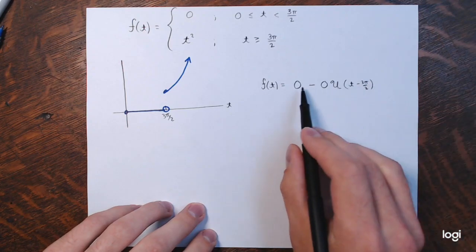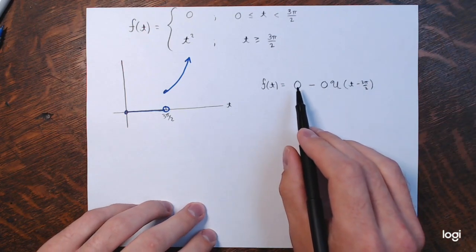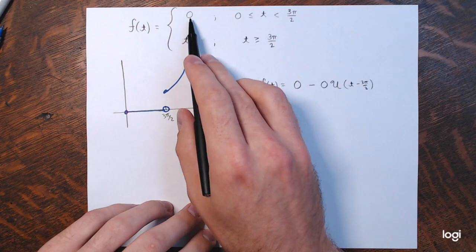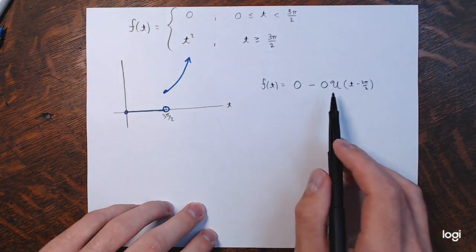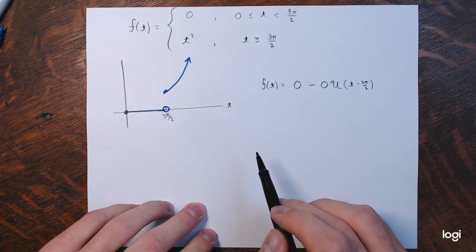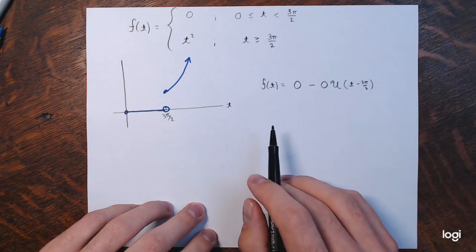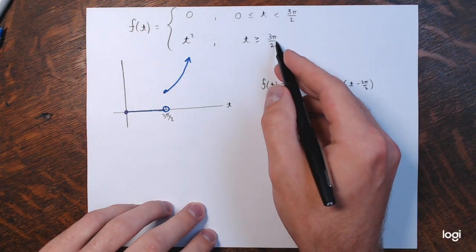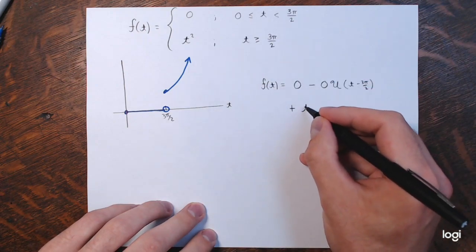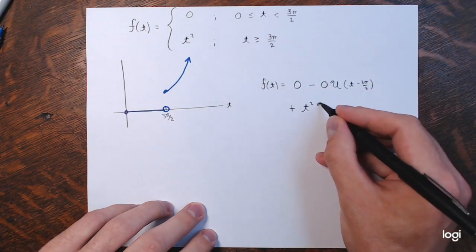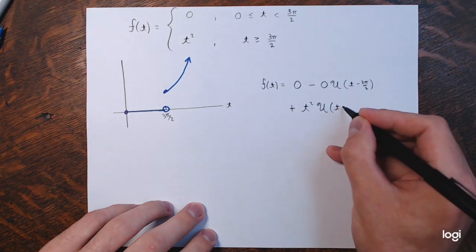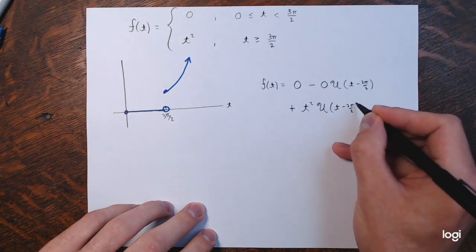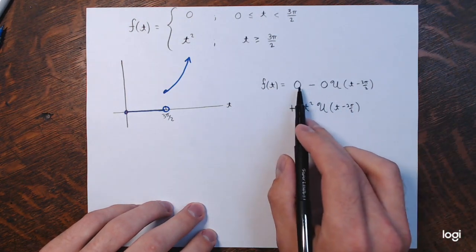Now I know, again, if the output is 0 on some piece, you don't have to worry about it. I'm just writing it for teaching purposes. All right, and then I add the second piece, but again only after 3 pi over 2, so I'm adding t squared times the unit step function at t minus 3 pi over 2. And then get rid of the zeros here.